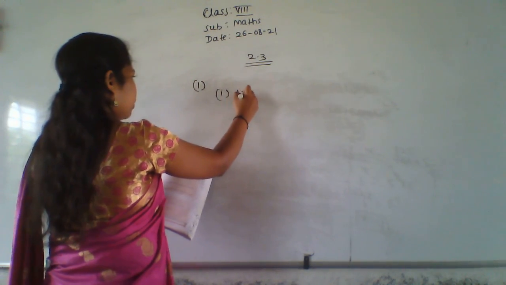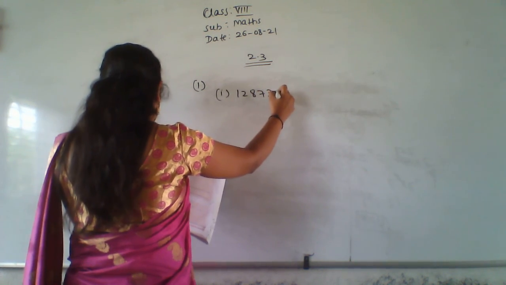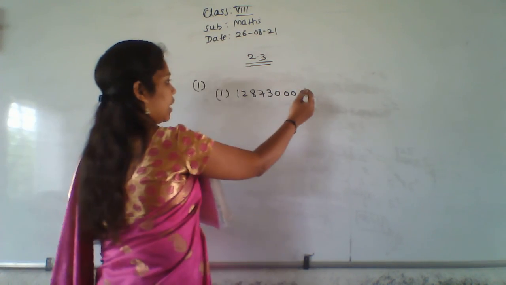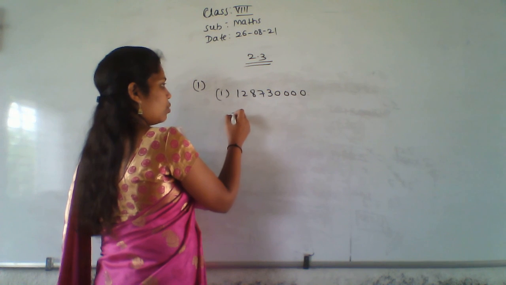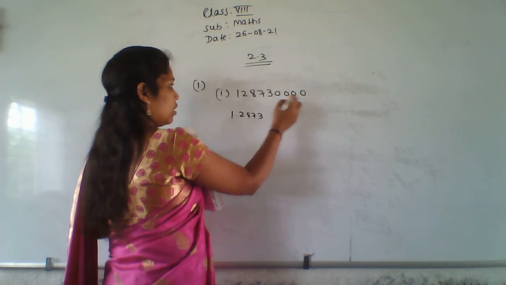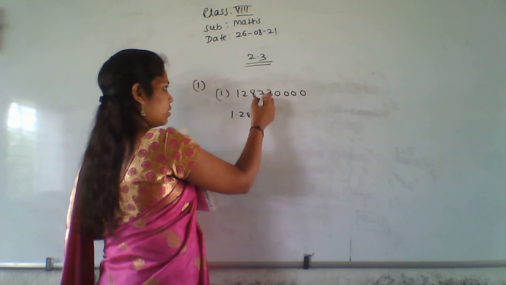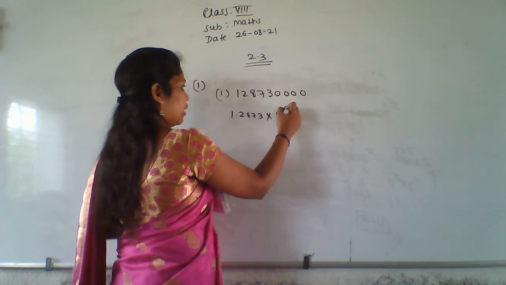In the first one, 12873 and 4 zeros are there, right? See here, count here. Here is a point. Now we are shifting, so we write 1.2873, 1 2 3 4 5 6 7 8, so into 10 to the power 8.